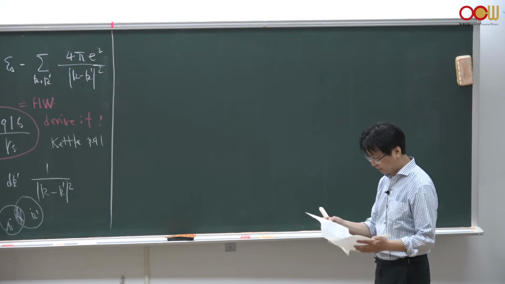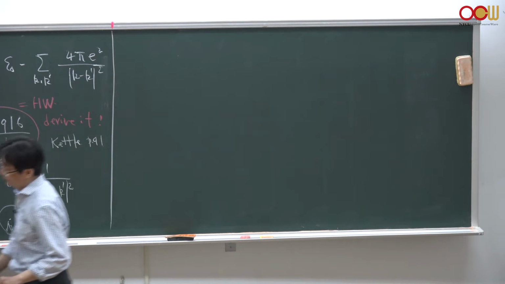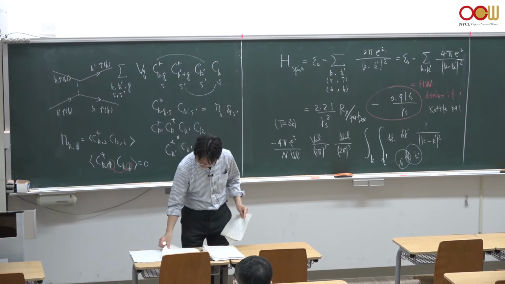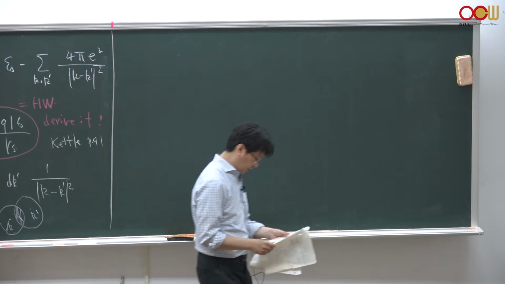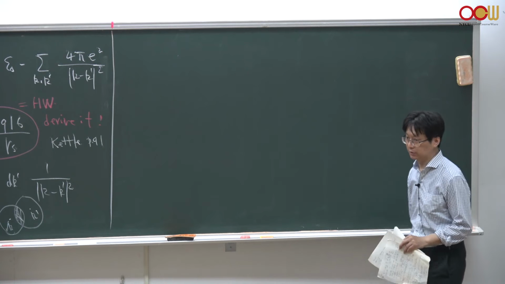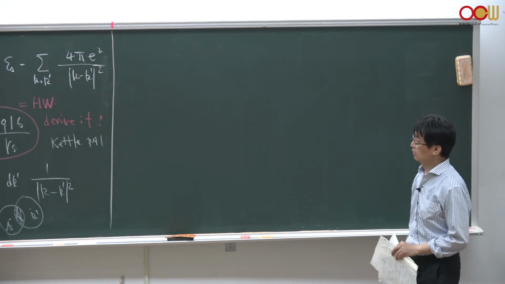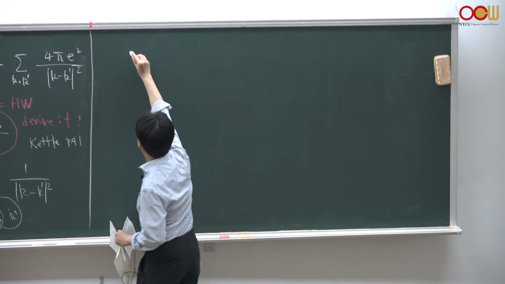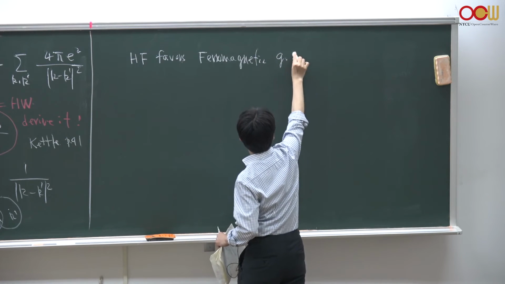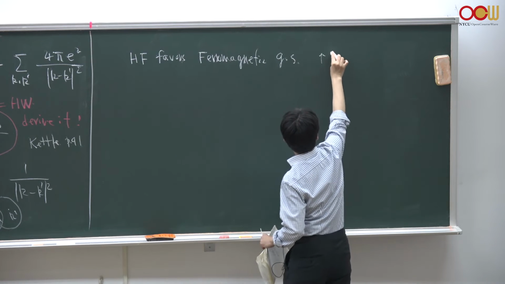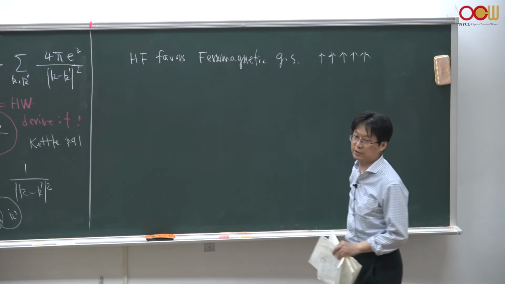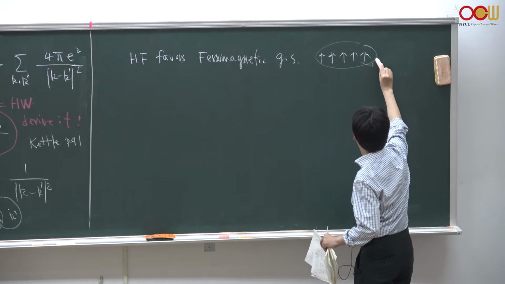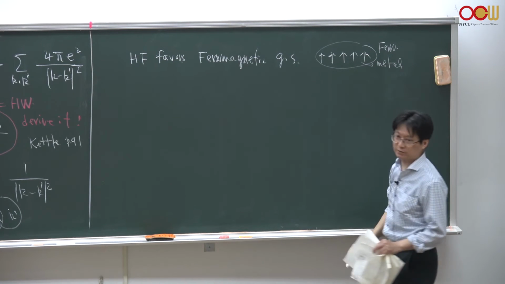So let's continue. Speaking of spins, you could evaluate these predictions from Hartree-Fock for various kinds of metals, and in particular, the Hartree-Fock theory favors the ferromagnetic ground state, meaning all the spins point in the same direction, and this is inside the metal. It's called a ferromagnetic metal.